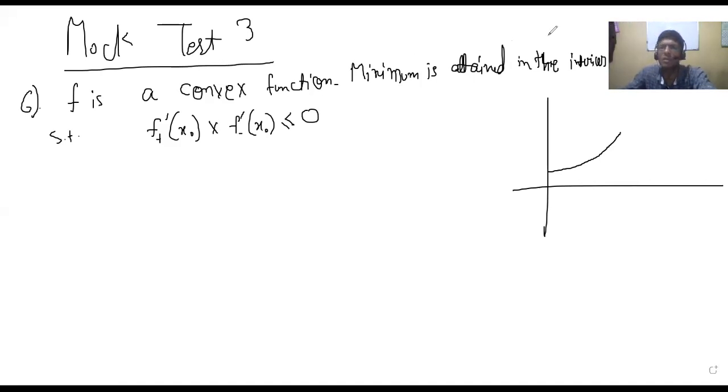So the minimum is attained in the interior. So f is a convex function from 0, 1 to R, and the minimum is attained in the interior. Then maybe this question works.